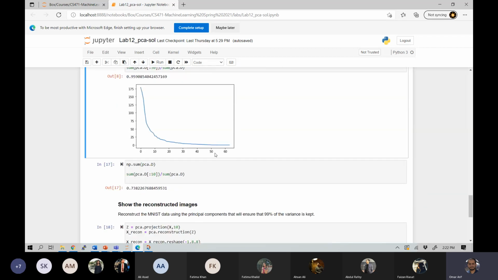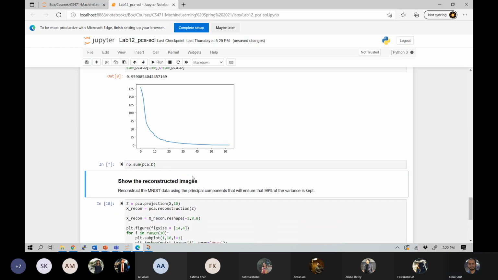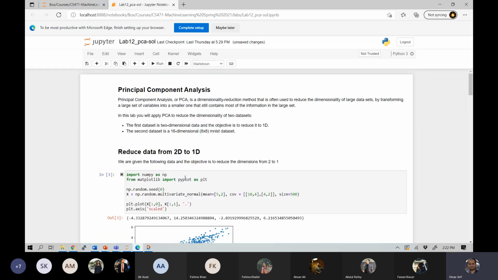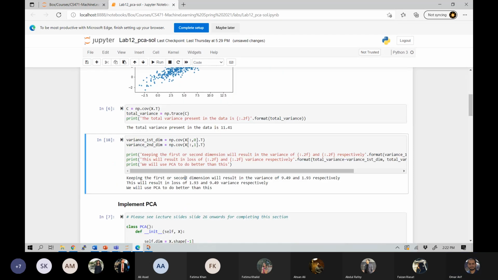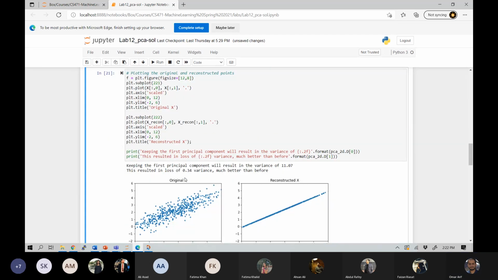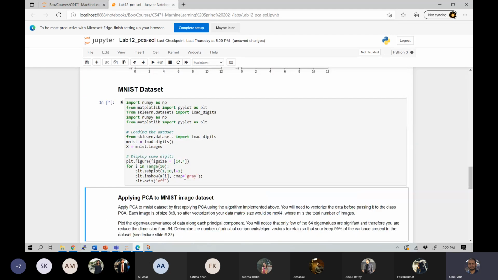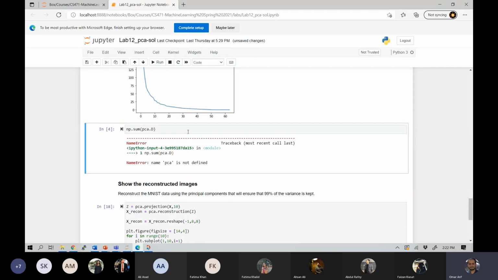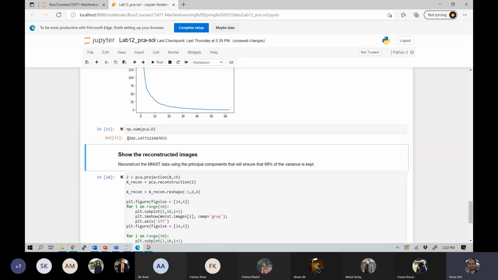This is the total. Sorry, I think I have to run it again. So this is the total variance. 1202 is the total variance in your MNIST data set.